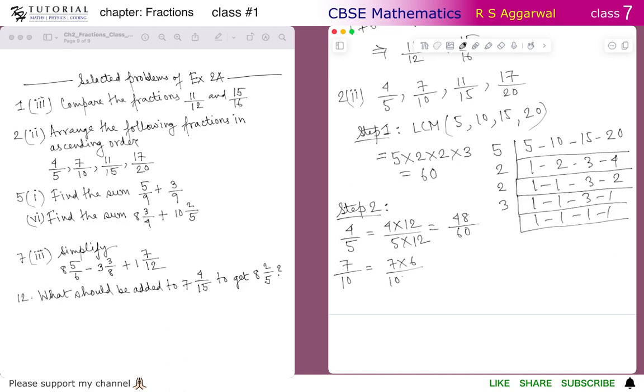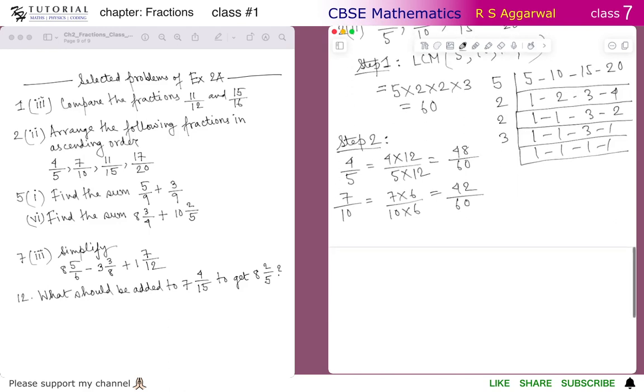So we have 42 by 60. Okay. 11 by 15 can be converted similarly, as 15 into 4 is 60, so this becomes 44 by 60. I hope I am right.